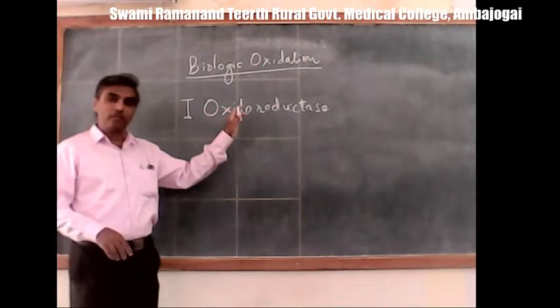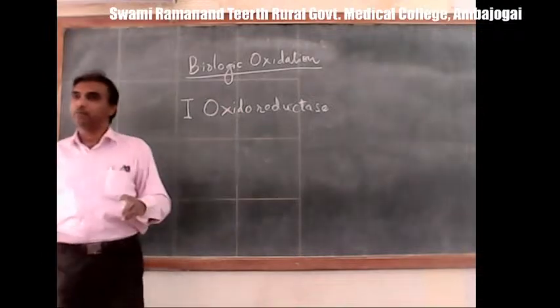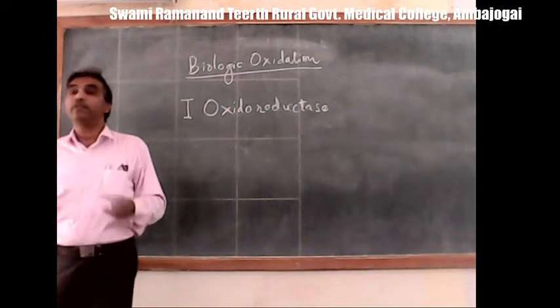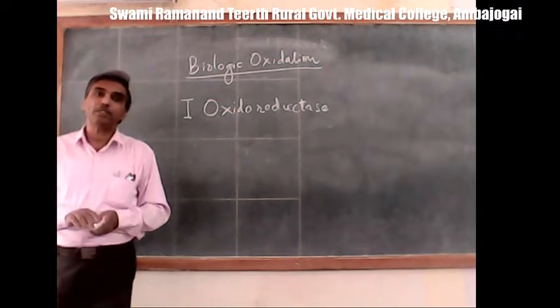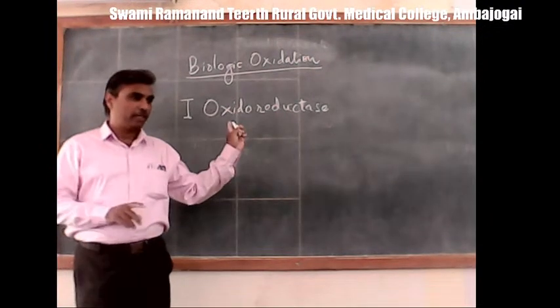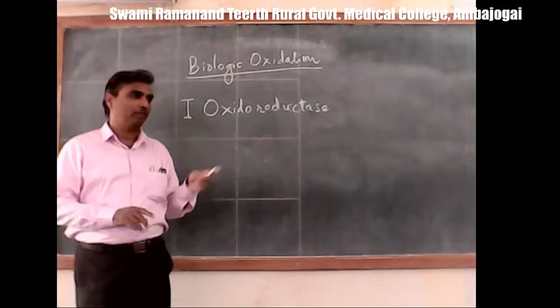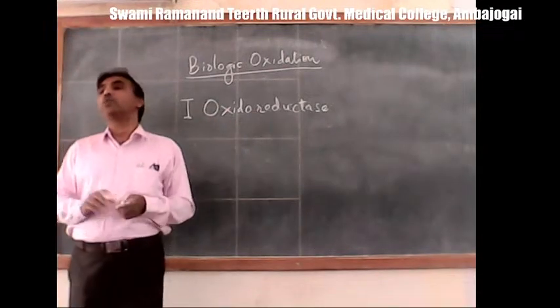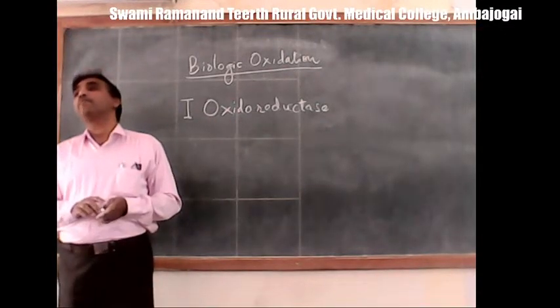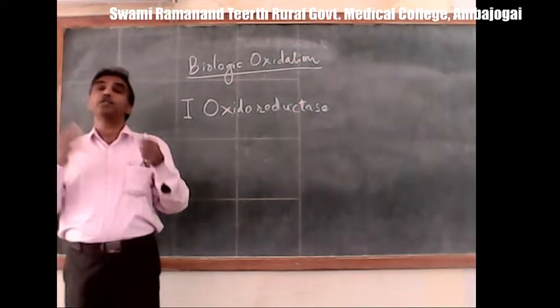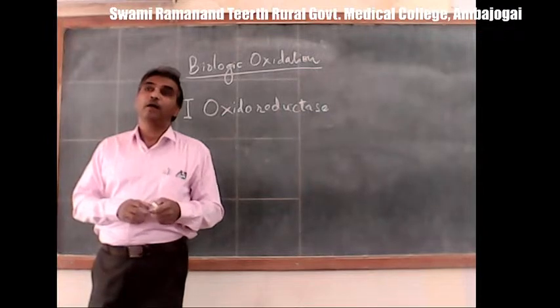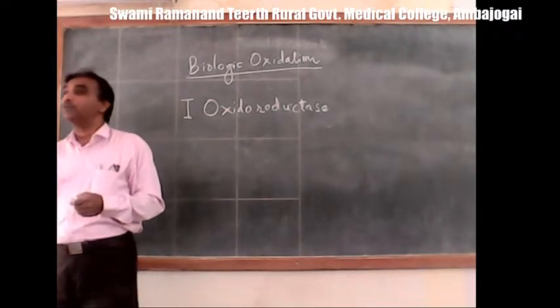Now if oxidation is occurring in our body without any control, then what happens? What happens in a system if oxidation is not controlled?